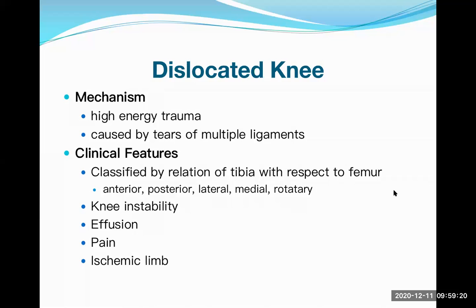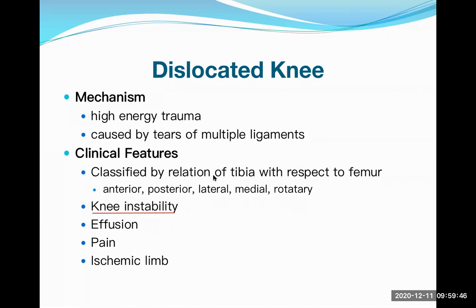So if these ligaments are ruptured or damaged, then there is a chance of dislocation of the knee, which happens in severe types of trauma. Regarding the clinical features, let's talk about it now. There is knee instability or dislocation or subluxation.